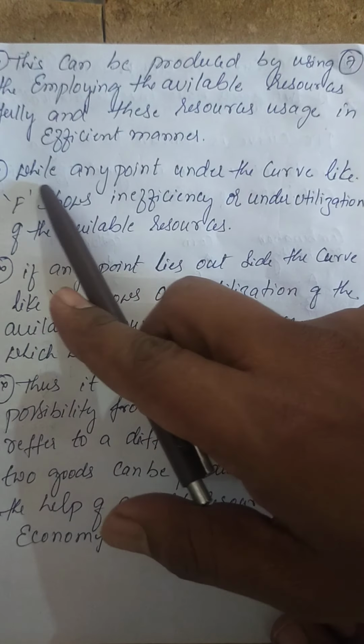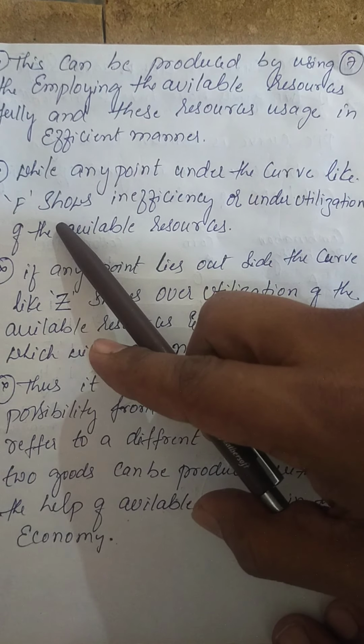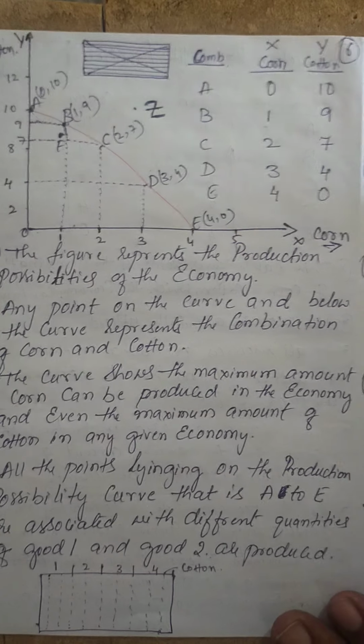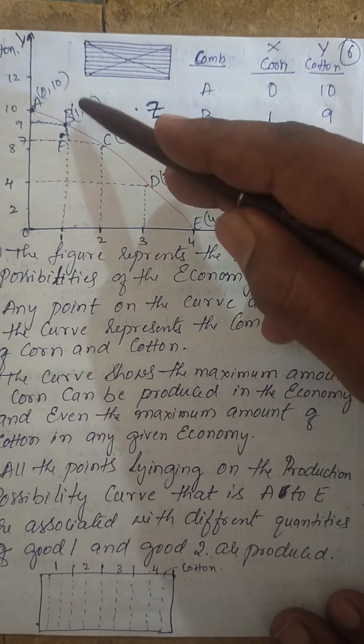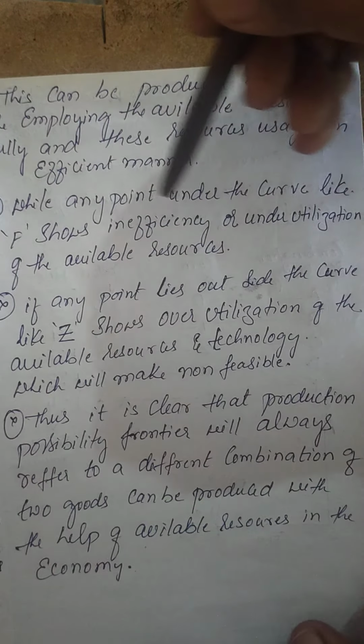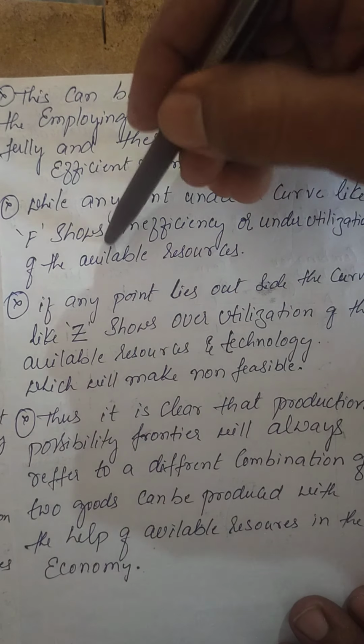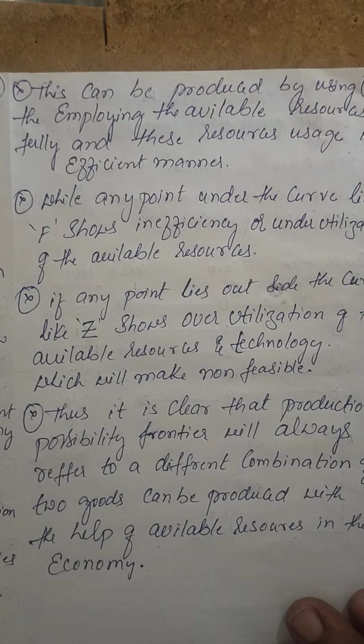Next, any point under the curve, like F. Now we are coming to this particular point F, under the curve. The point F shows inefficiency or underutilization of the resources. What is meant by that?